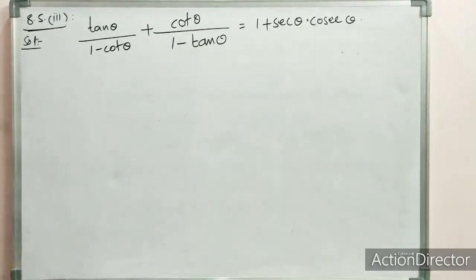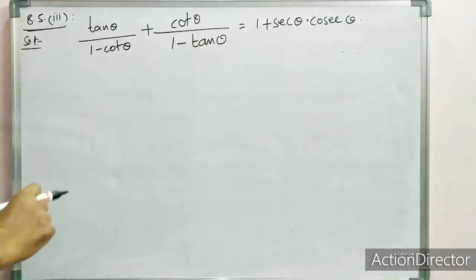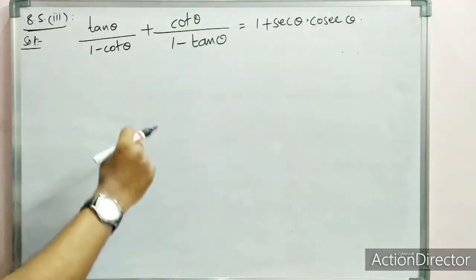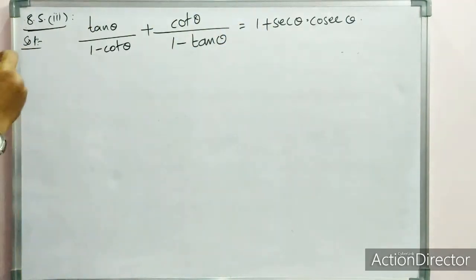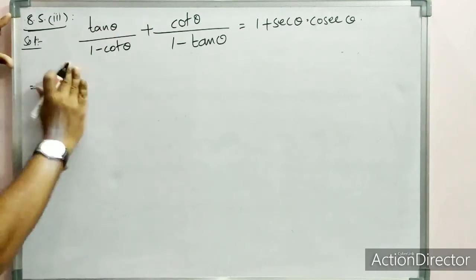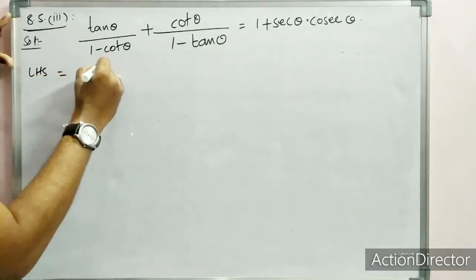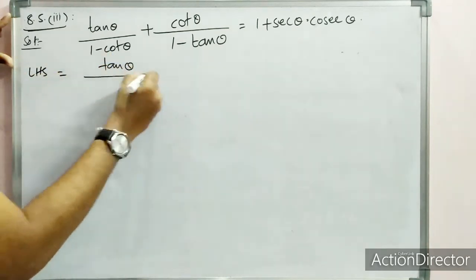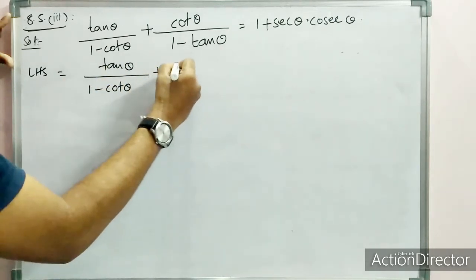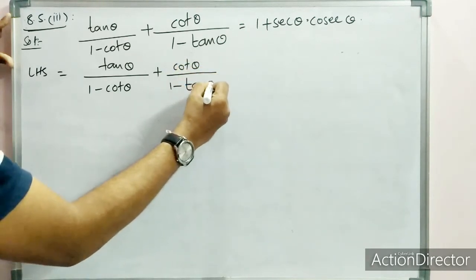Now the third question: this part is equal to 1 plus secant theta and cosecant theta. The LHS is in terms of tan and cot. The RHS has secant and cosec. For this I am taking the LHS. This LHS is equal to tan theta by (1 minus cot theta) plus cot theta by (1 minus tan theta).